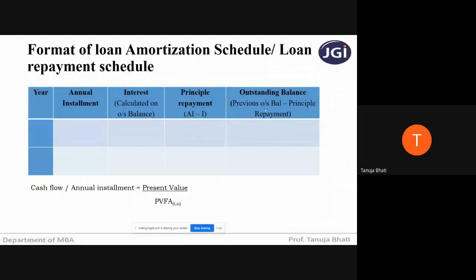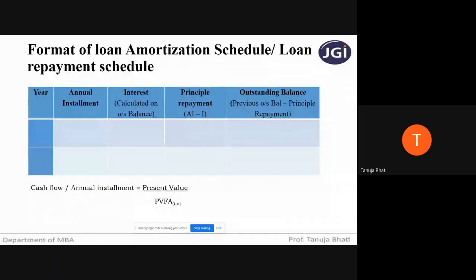And how do you calculate this? Previous outstanding balance minus your principal repayment. Because whatever interest you're paying will never be considered in your outstanding balance. Only the principal repayment is considered in the outstanding balance.